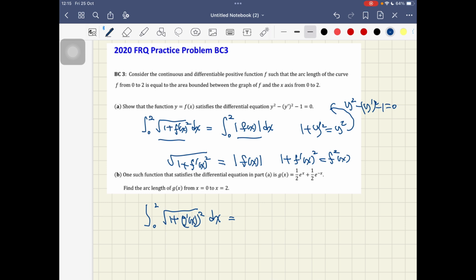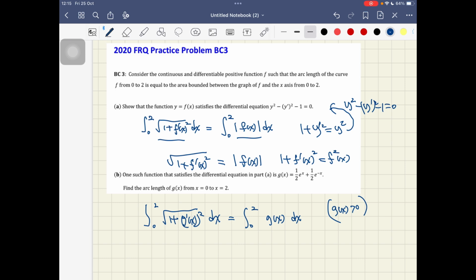Actually, it's not very difficult, but anyway, we already know an easier way: the integral from 0 to 2 of g of x dx, because it is the area, so we would apply a modulus sign there. But e to the x and e to the negative x are always positive, which means g of x is always positive, so we don't need any modulus sign there.